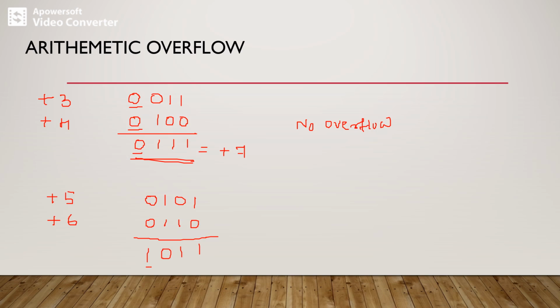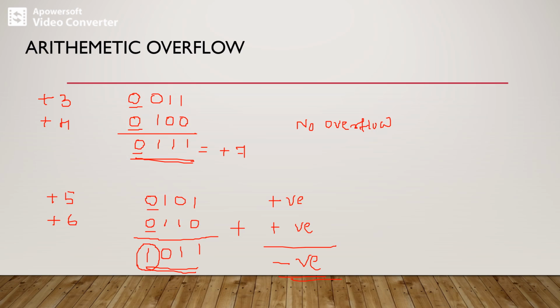So here we can observe that the MSB bit of the first number is 0. This is also 0, but the MSB bit of the result is 1. So that means we added two positive numbers, but the result is negative.